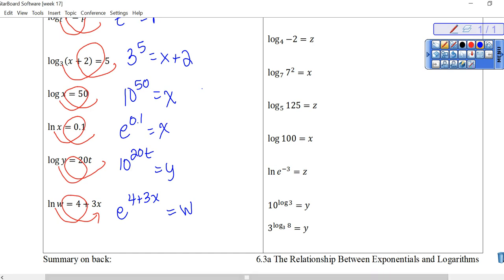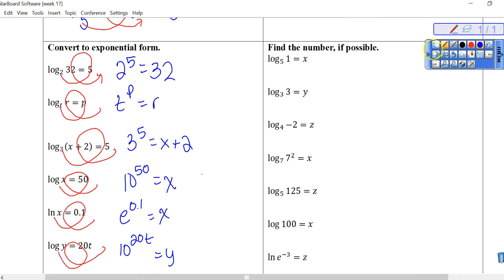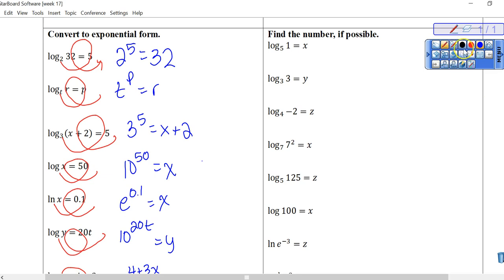Now let's do a little bit of solving for the variable. Now I do want to mention this, that in your notes, I probably took it a step too far. In your homework, it'll say find the number of possible, and then it'll say, okay, the log base 2 of 1, and that's all it says. It doesn't say equals, question mark, or anything.